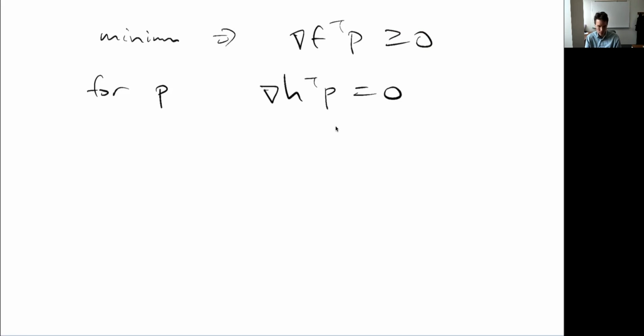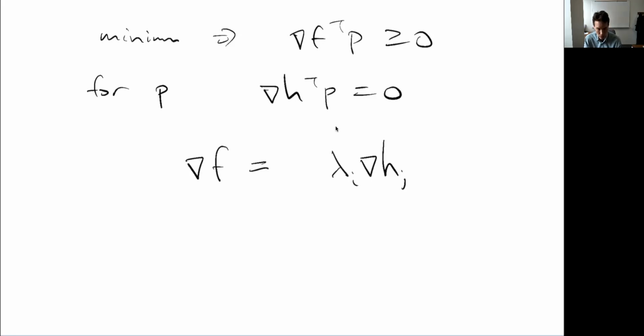This may not be obvious, but I'm not going to prove it here. The only way that both of these conditions can be satisfied simultaneously is if the gradient of the function, let's just do one constraint first, is parallel to the gradient of the constraint, okay? But to generalize this, we're generally going to have more than one constraint. So I need to think about multiple constraints.